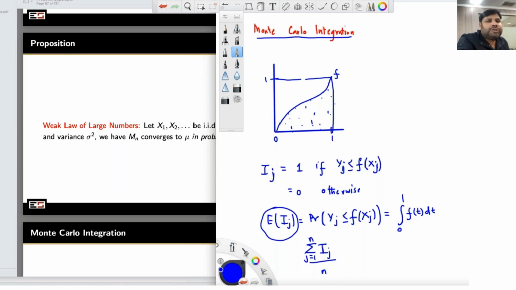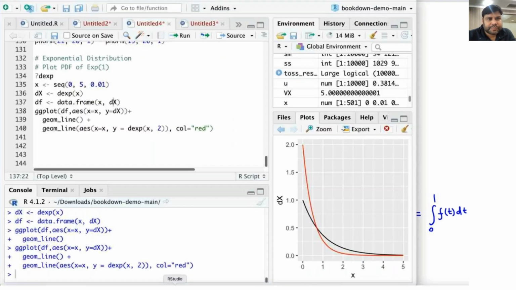Okay, let's do some problem where we'll just try and integrate some functions whose integral we know. And then of course we can use the same exercise for functions for which we don't know the integrals. So, Monte Carlo integration.